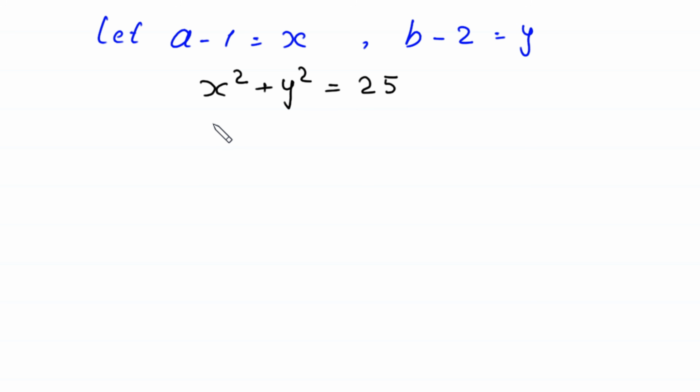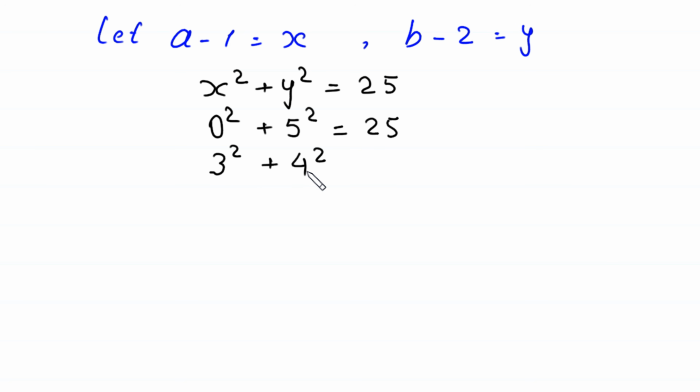First we write value of x as 0 squared plus value of y 5 squared. This is equal to 25. Next we write 3 squared plus 4 squared, and 3 squared is 9 and 4 squared is 16.